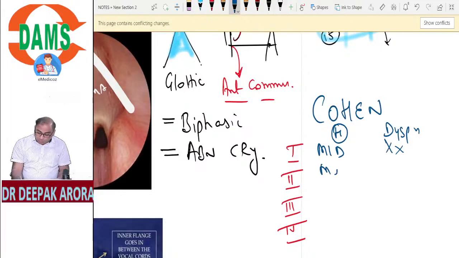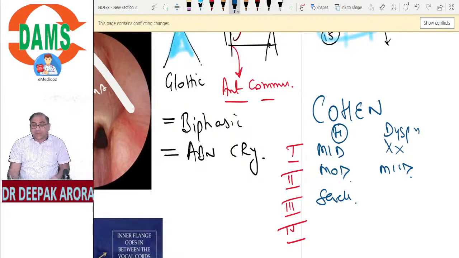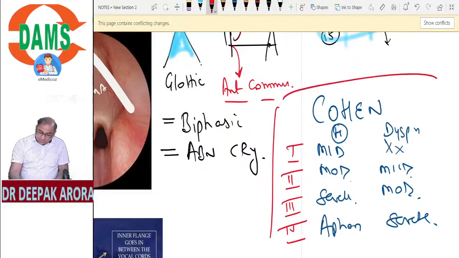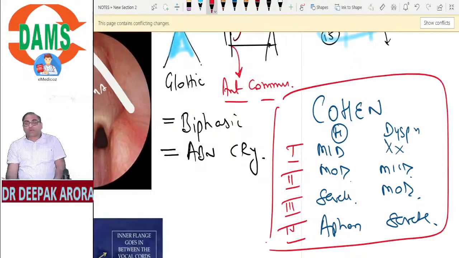Grade 2, moderate hoarseness, moderate change in the voice with mild dyspnea. In grade 3, severe hoarseness and moderate dyspnea. And grade 4, complete loss of voice and finally severe dyspnea. This is the basic classification, what we call Cohen's classification.